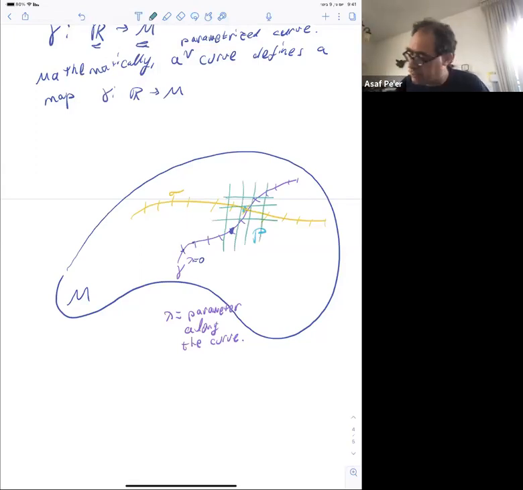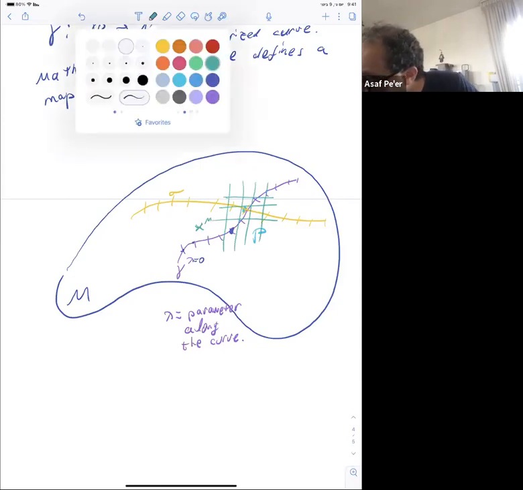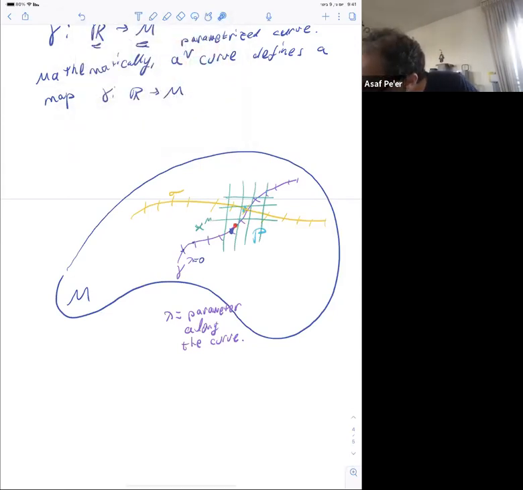I can put myself a set of coordinates, which I call X mu. And now I can look again at this curve lambda.